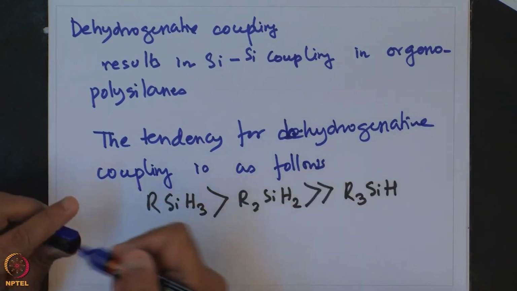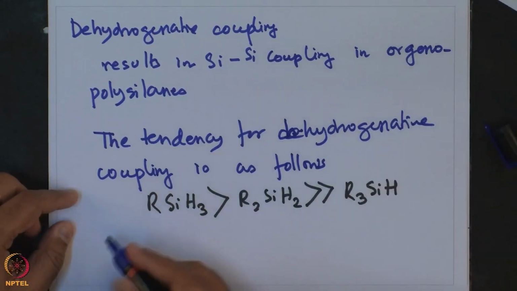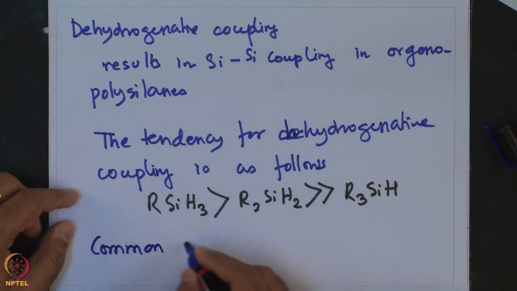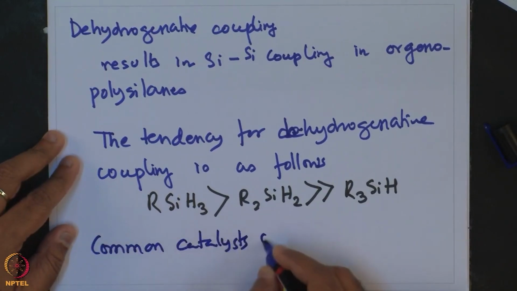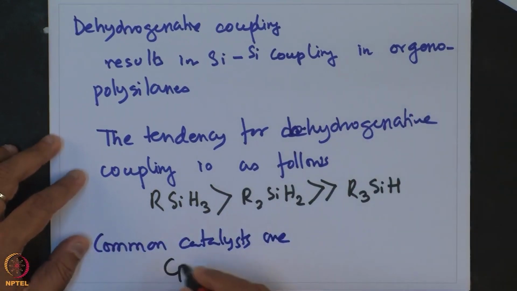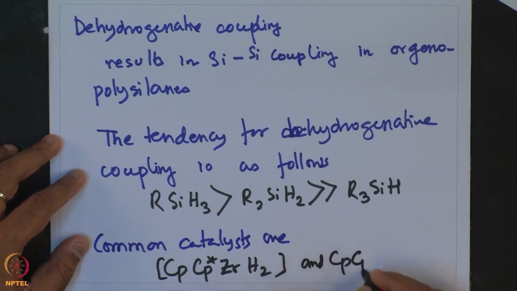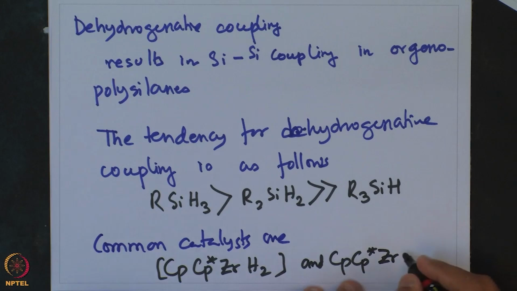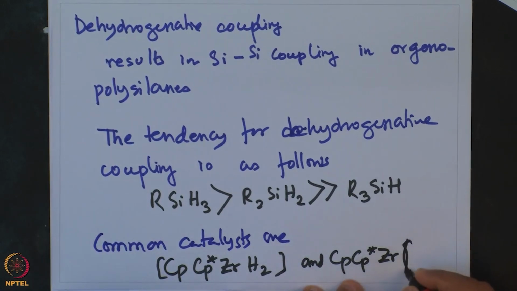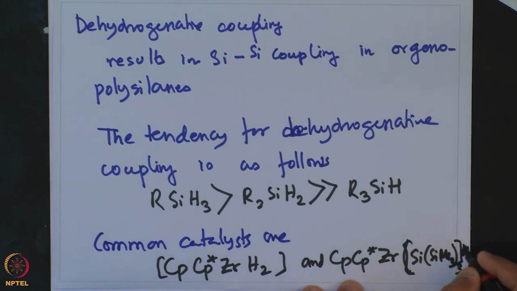The common catalysts used are mixed Cp metal hydride complexes like Cp* zirconium H2 and Cp* zirconium (SiMe3)3 Me.